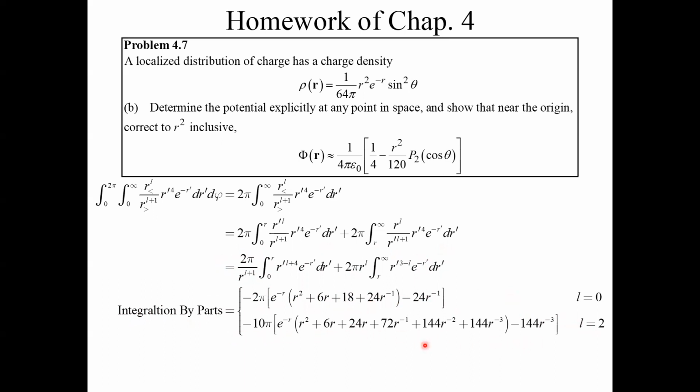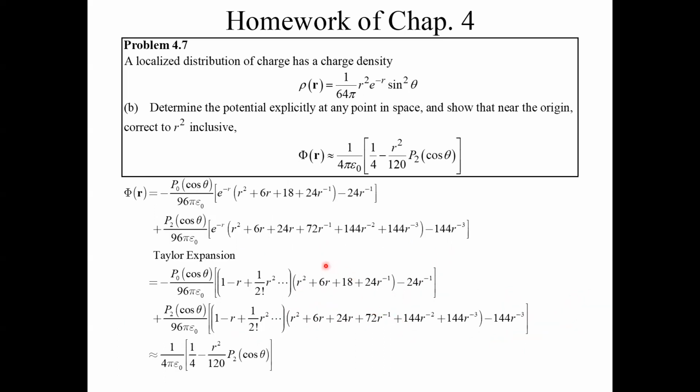Okay, so here we have two series for L equals 0 and L equals 2. And finally, we can calculate our potential. And with a Taylor expansion, we expand our exponential minus r into these two series.